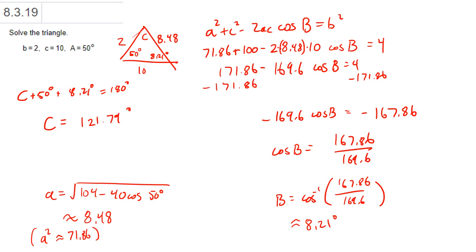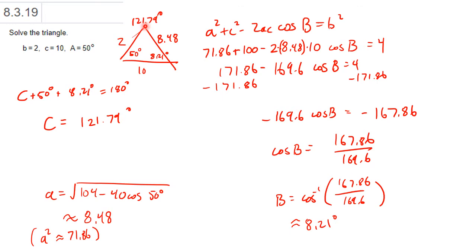Now there's a quick way that you can check your work as you finish this up, which is that larger angles have to be across from larger sides and vice versa. So the largest side is 10, and that's across from the largest angle, 121.79.